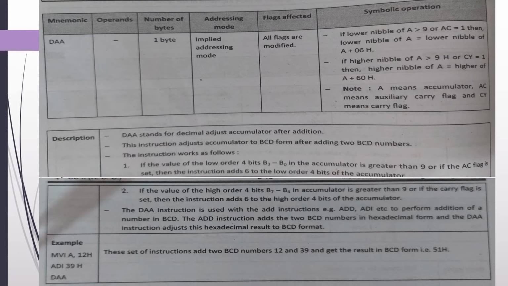When you give an example, you need to show that after addition of some register or some immediate data to the accumulator content, depending on the condition of the lower nibble and higher nibble, you are going to show addition of 06, 60 or 66. That example we are going to see in the next slide.